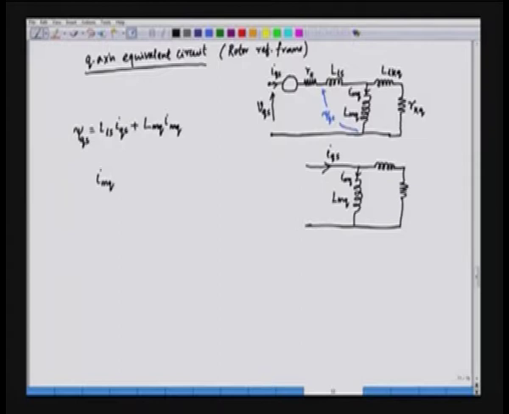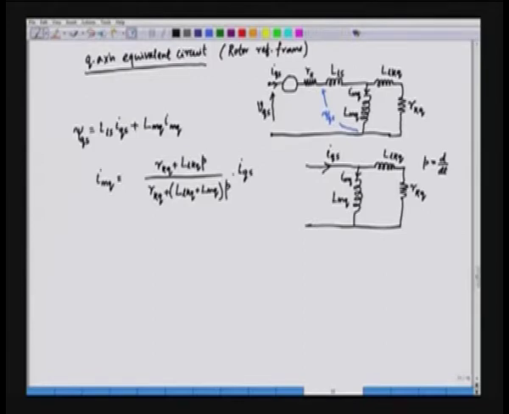IMQ in this case can be given as, with LLKQ the leakage inductance and the resistance RKQ, we have RKQ plus LLKQ P, P being the derivative operator, divided by the total impedance of both the circuits, RKQ plus LLKQ P plus LMQ P, into IQS. So, this basically gives us the magnetization current in the q axis.